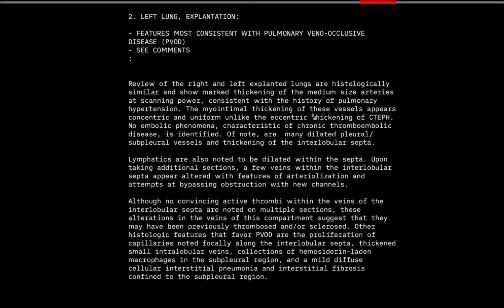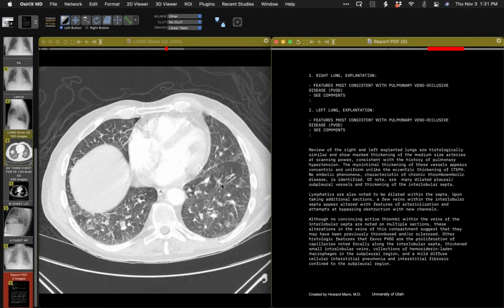So a very nice correlation between at least this description of the findings in the explanted lungs and the diagnosis of PVOD.